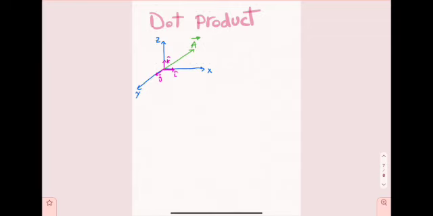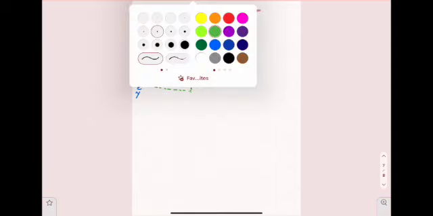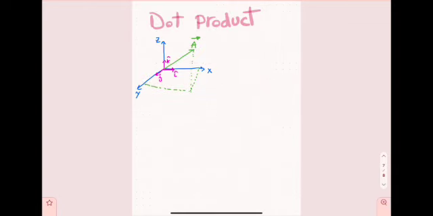So what do I mean by that? This is now our vector A. If we try to project it in the x and y plane, then we end up with these two vectors, one like this, and one like this.